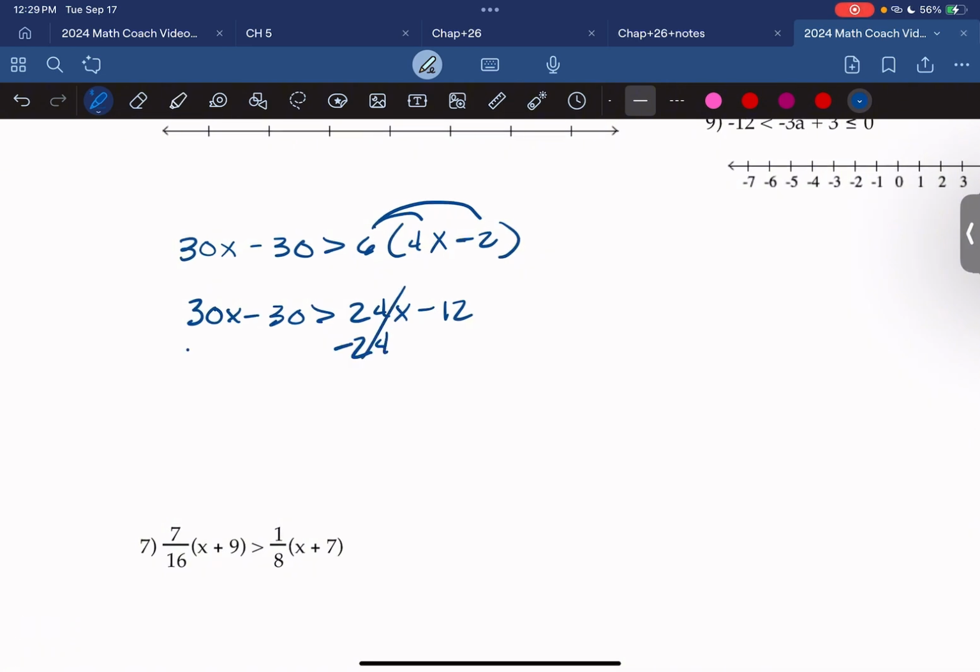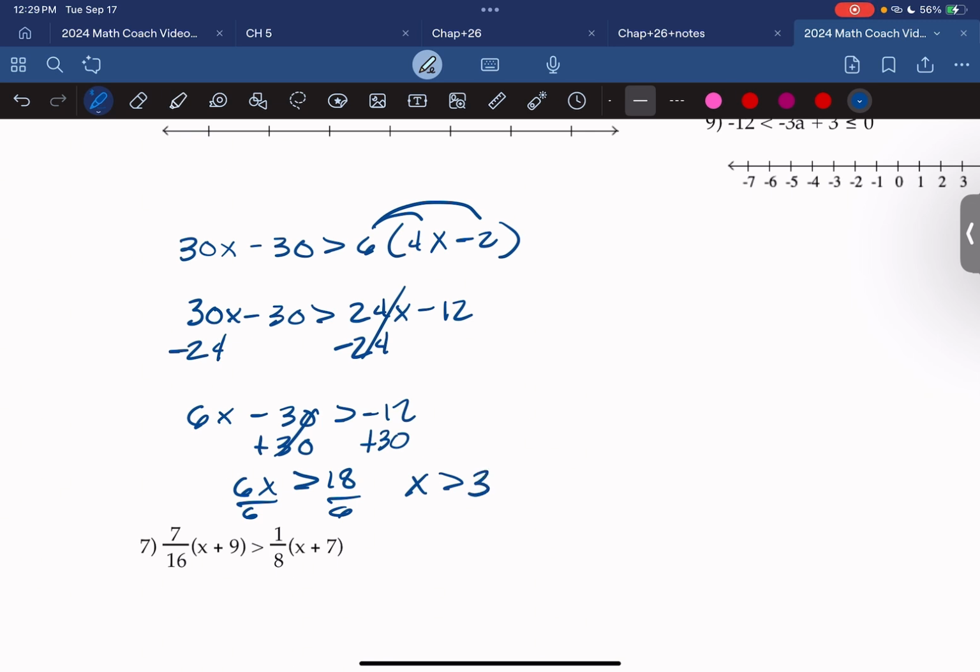Minus 24, minus 24, plus 30, plus 30, divide by 6, divide by 6. So x is going to be greater than positive 3. And we didn't flip the sign because we were dividing by a positive number.